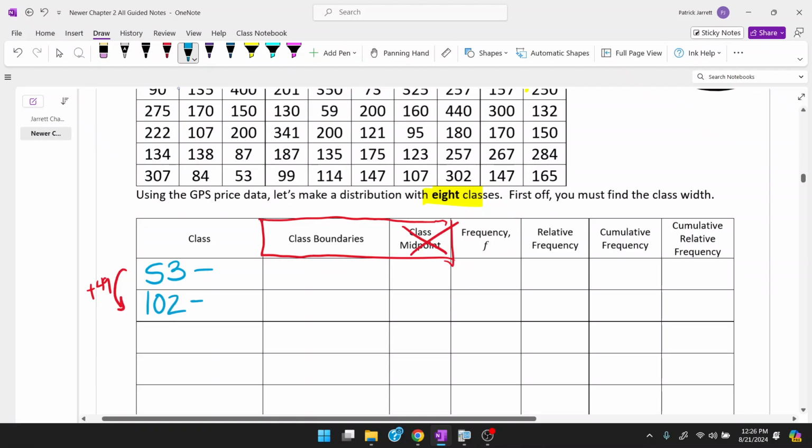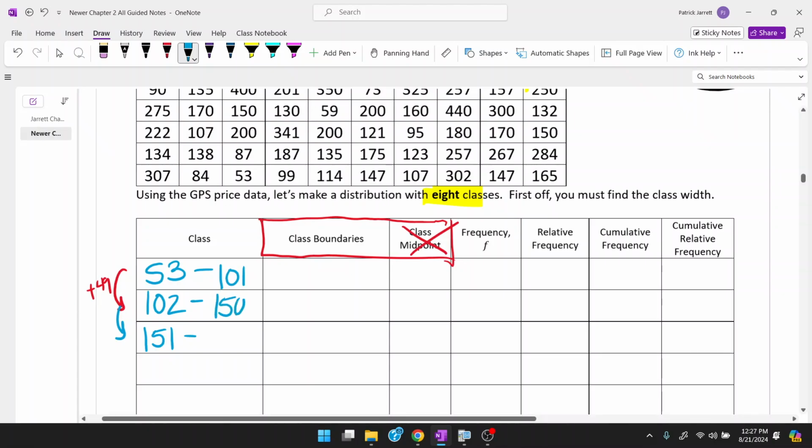So we have the lower class bounds just by adding $49. This would be 151. Now, before we figure out the next one, this would go from 53 to what? 101. And this would go 102 to 150.